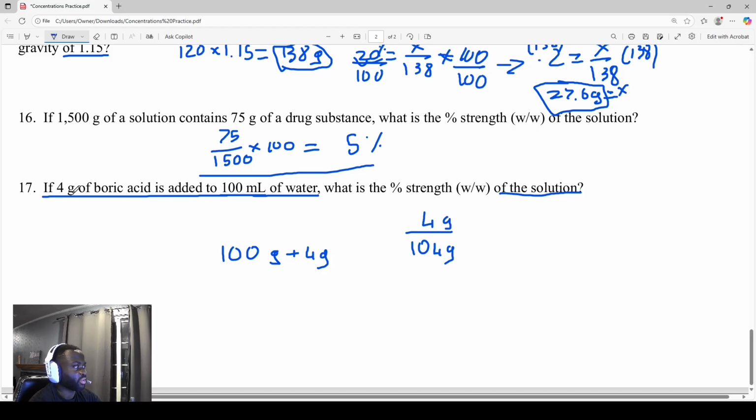And then the amount of the solute that we're looking for in there is 4 grams. We multiply that by 100. That's going to get us 3.85%.